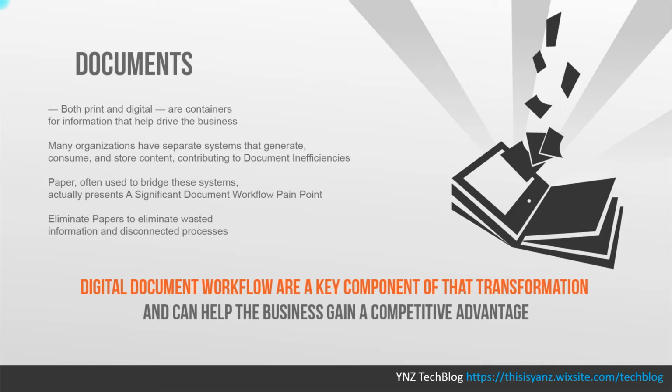This information will help drive the success of your business. The management of the information, the distribution of information, and everything related to the document will affect your business process in the whole picture. Many organizations already separate the systems that generate, consume, and store content, also contributing to document inefficiency.